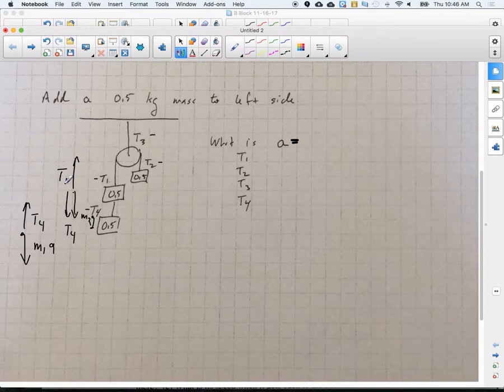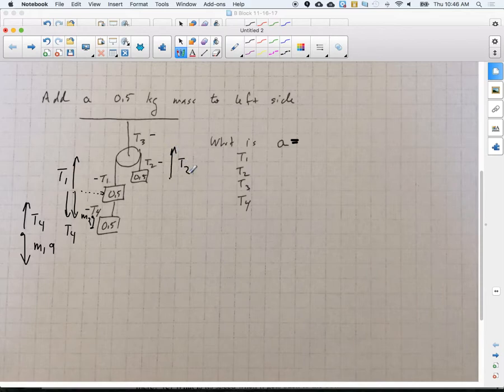Okay, is that clear? So the idea here is that I've got a gravity force down, and I've got a tension force down, and I've got a T1 coming up. That's for this one right here. That one.